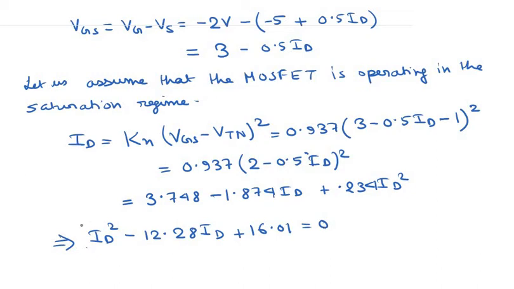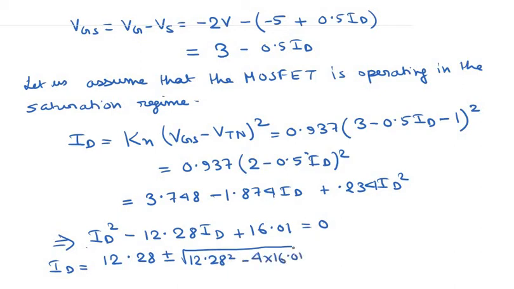Okay, so ID is basically equal to 12.28 plus minus root over 12.28 square minus 4 into 16.01, divided by 2.